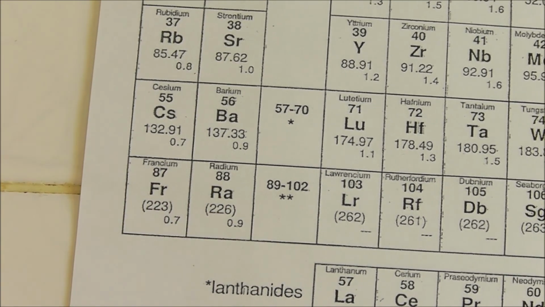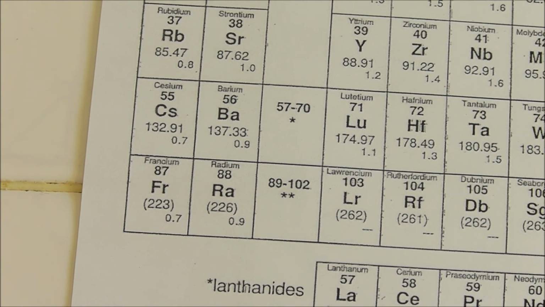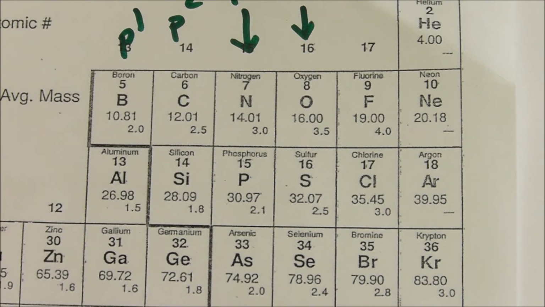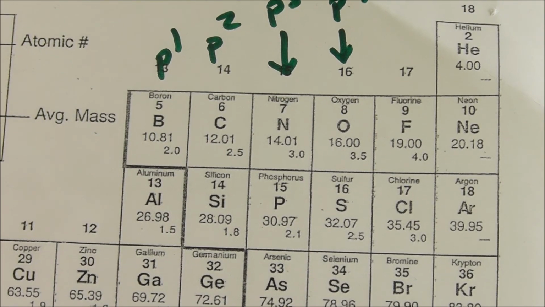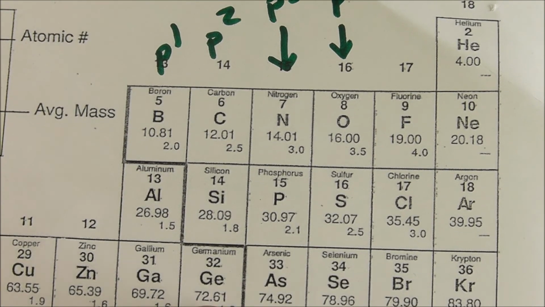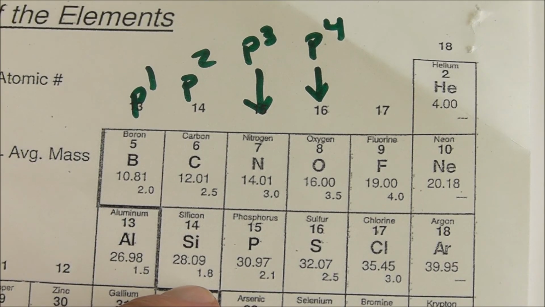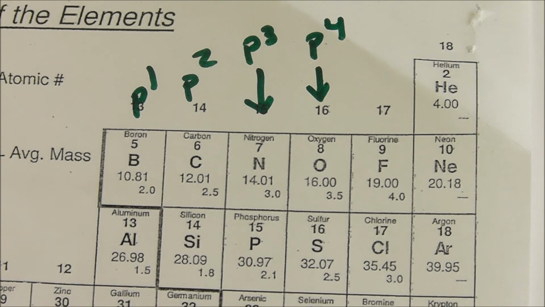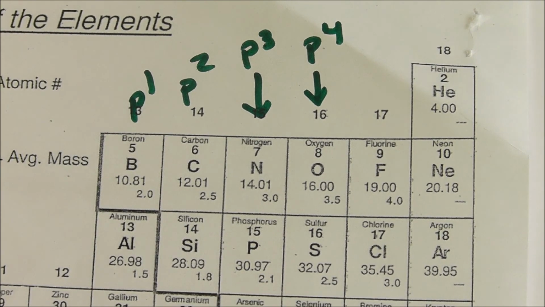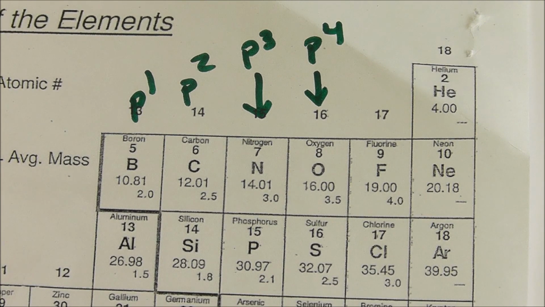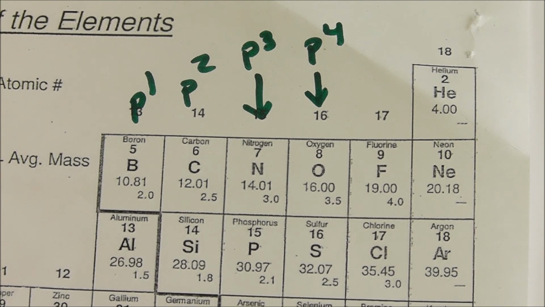Francium has an electronegativity of 0.7. Let's go further left and down than fluorine. The bigger things like silicon, silicon is 1.8. And if you go right of silicon, chlorine is 3.0. So the further right and up in the periodic table you go, the higher the electronegativity.